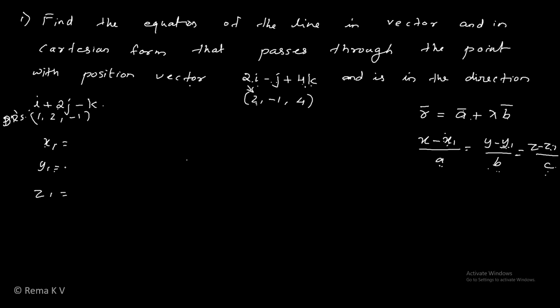Then what is the value of y1? See, this is the point through which the line passes. So this point is x1, y1, z1. That is, x1 is equal to 2, y1 is equal to minus 1 and z1 is equal to 4.